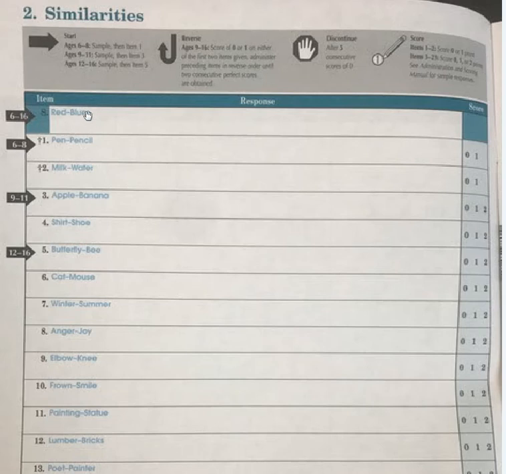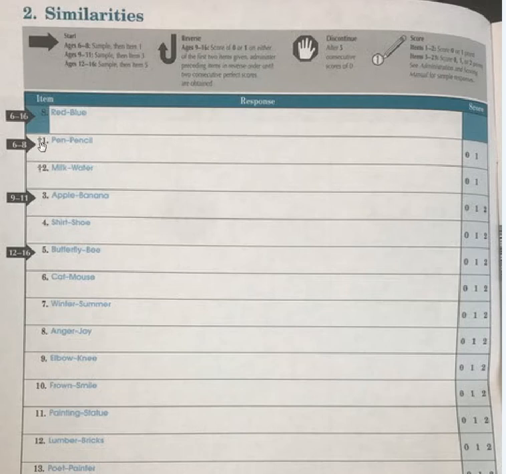Everybody gets the sample item. You're going to be reading in your test manual on similarities test administration that everybody's going to get the sample item, whether they're age 6 through 16. There's no score. We're just getting them used to what this subtest is going to be like.